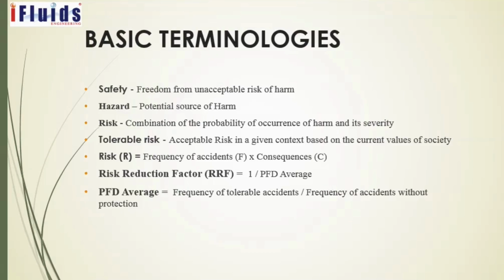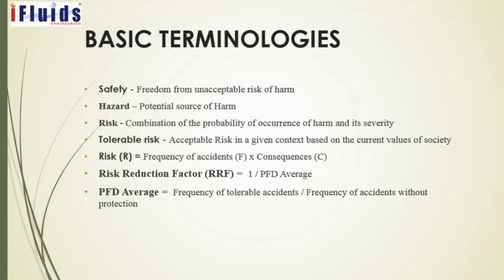These formulas are used to determine the mean time between failures and mean time to failure. Basic terminologies, again we have a few more things. Safety, what is safety? Freedom from unacceptable risk of harm. Hazard is a potential source of harm. Risk is a combination of the probability of occurrence of a harm and its severity. So what is the chance of this occurrence and how severe is it going to be?